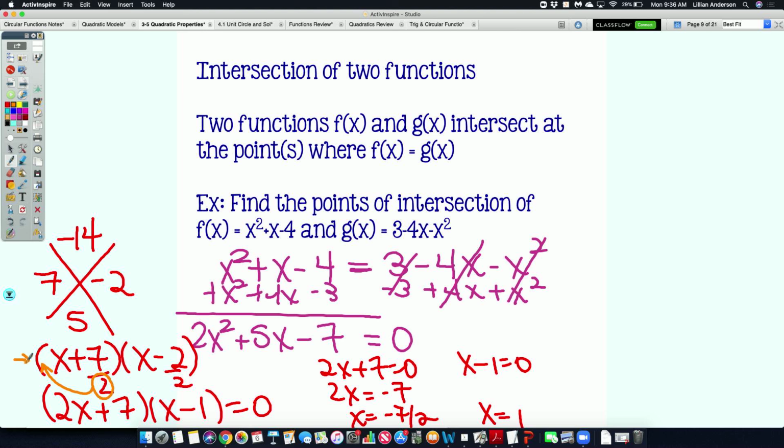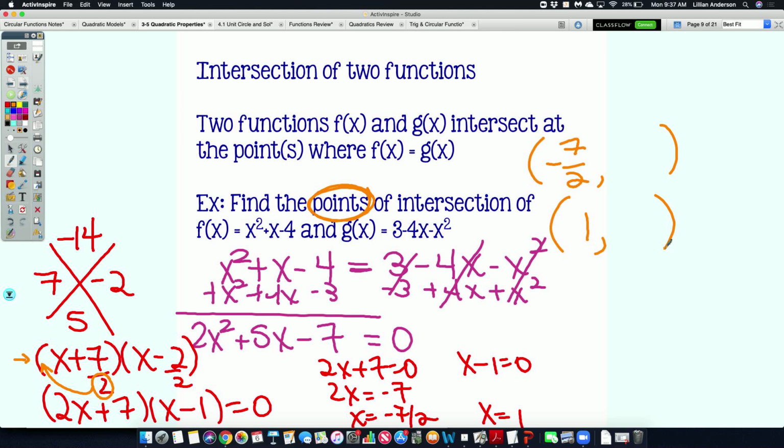Now, if it asks you to find the solutions when the two are equal to each other, that would be your answer. But it asks you to find the what? Their intersection points. The points, which means you need a what? You need an x and a y value. So these two quadratics intersect at 2 points. The first one is at -7/2 and some value, and the other one is at 1 and some value.